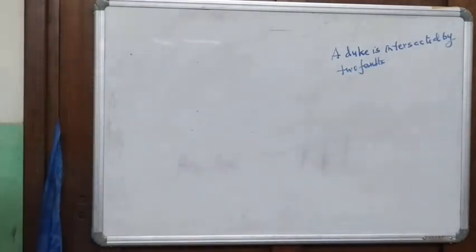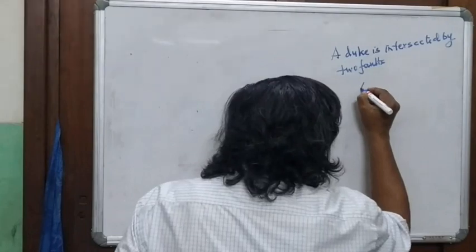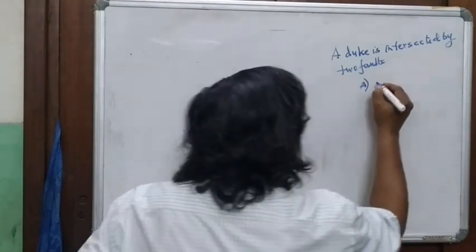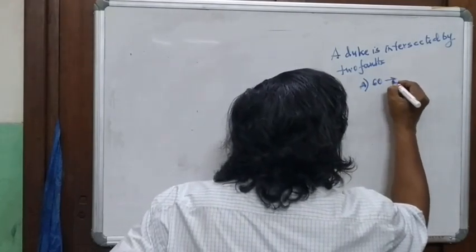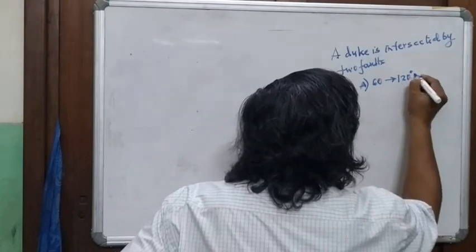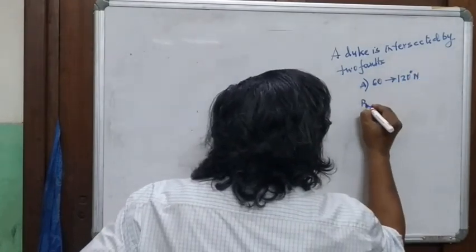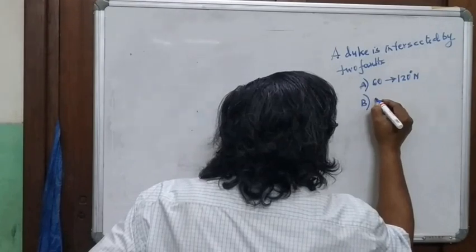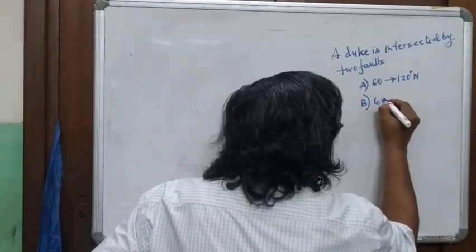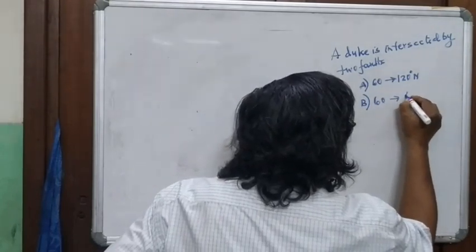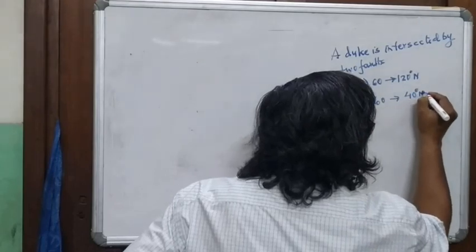One fault dips 60 degree towards 120 degree north, and the other one dips say 60 degree towards 40 degree north.